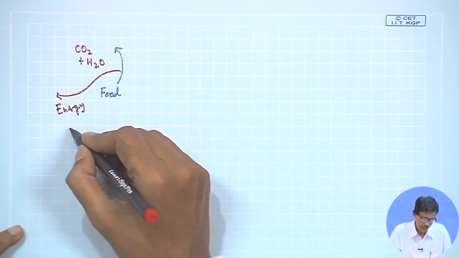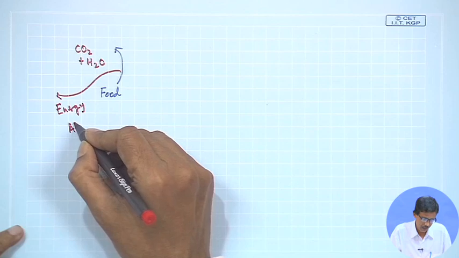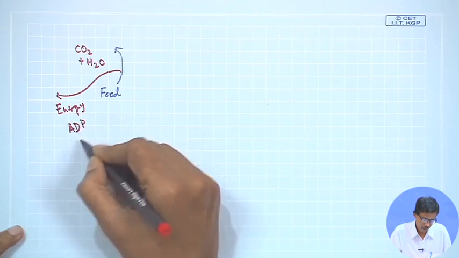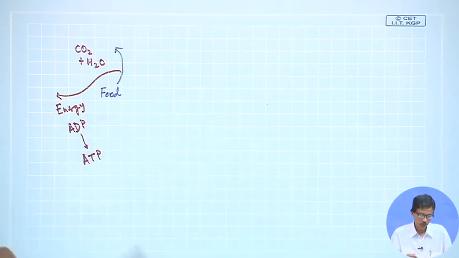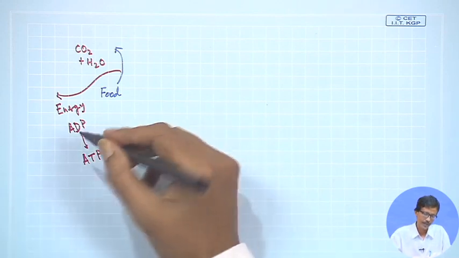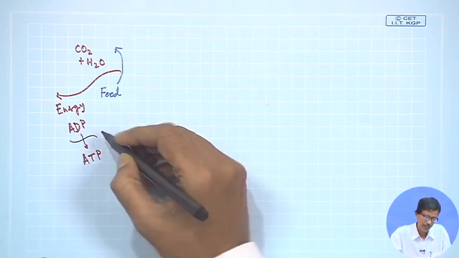Why do we require that energy? Because we have to synthesize ATP molecules from ADP. This is basically known as the phosphorylation reaction, but it has some energy demand definitely.